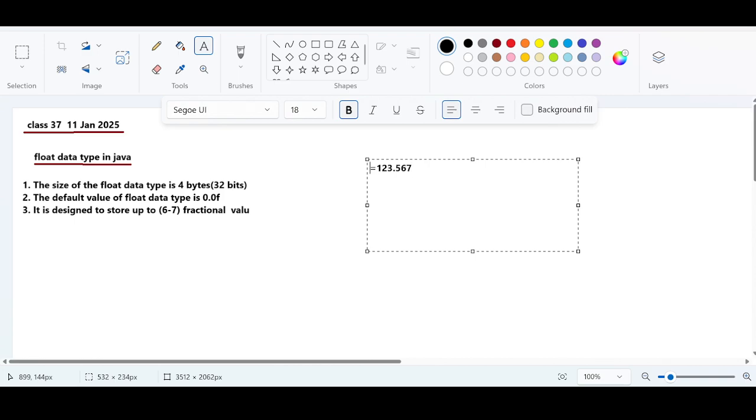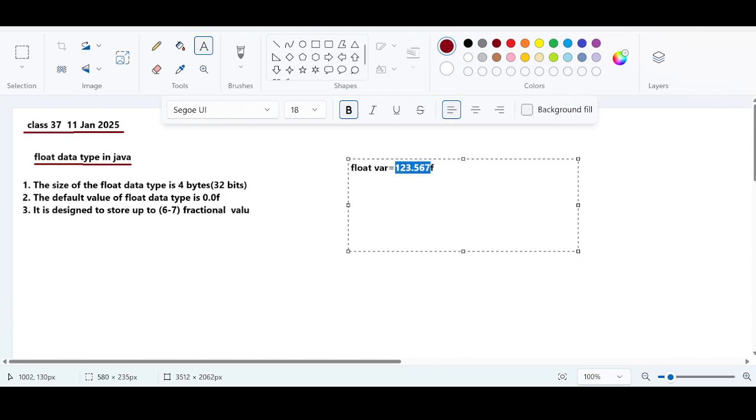If I want to represent this in Java, I need to take a variable. Let me take the name of the variable as var itself, and the data type has to be float. If you ask me, is this completely valid? I would say that this is not a valid one. It is completely valid only when you suffix the literal with the letter F, capital F or small f.